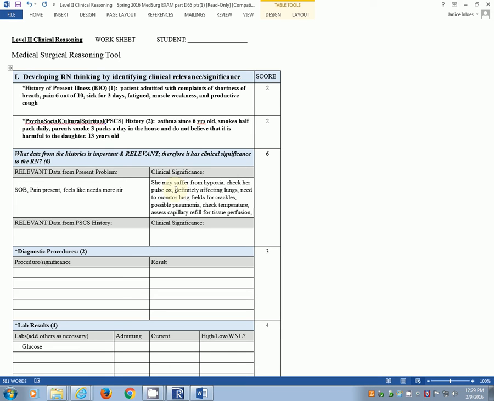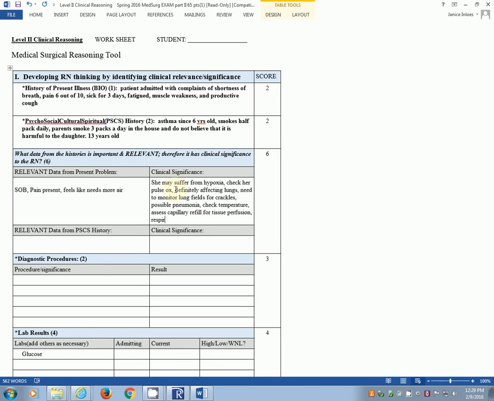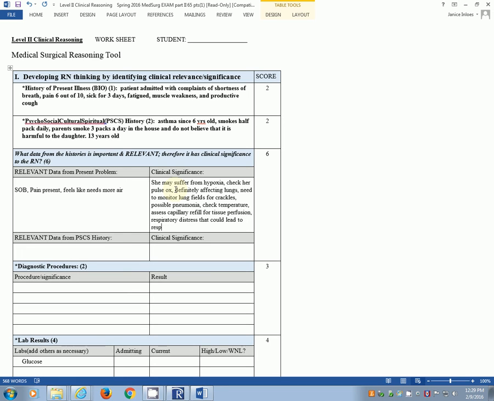And any other thing that you might feel is significant. She could be in respiratory distress. That could lead to respiratory arrest. And things you want to do: monitor respiratory system, respirations.